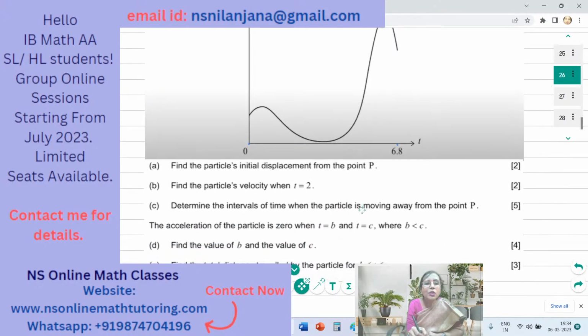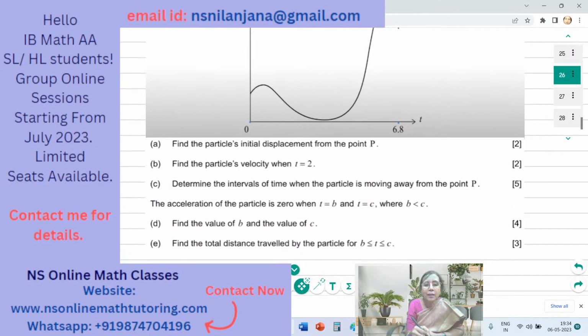And the first question, subpart A of question number 7, is find the particle's initial displacement. Initial displacement means at time t equal to 0. And from the graph, it is very clear that it is not equal to 0.